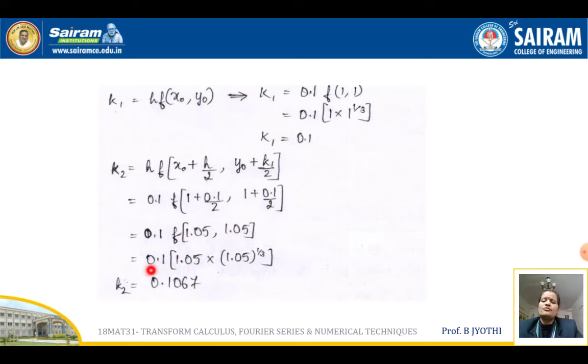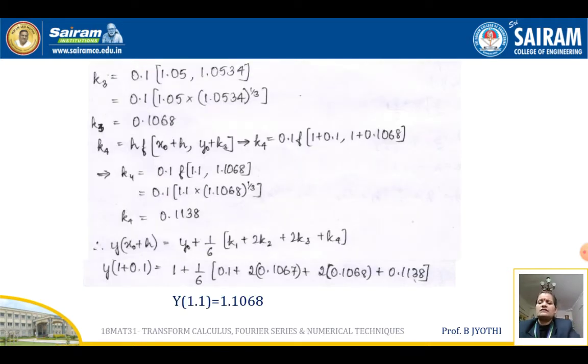So 0.1 into f of 1.05, comma 1.05. So the function is x into y power 1 by 3. Both x and y are the same, 1.05. Therefore 1.05 into 1.05 power 1 by 3. So that gives us 0.1067.